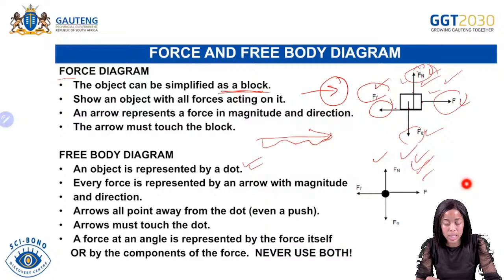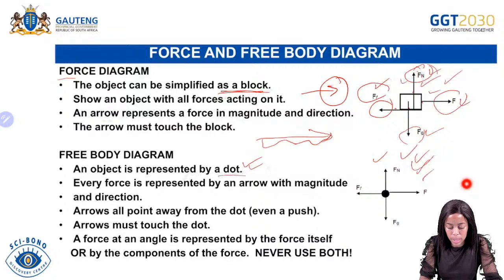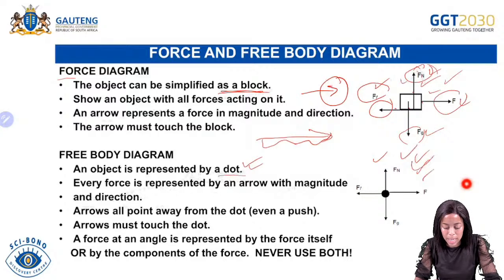So the big difference now is that the force diagram, you are going to draw it using what? A block. But the free body diagram, you are going to represent it using what? The dot.